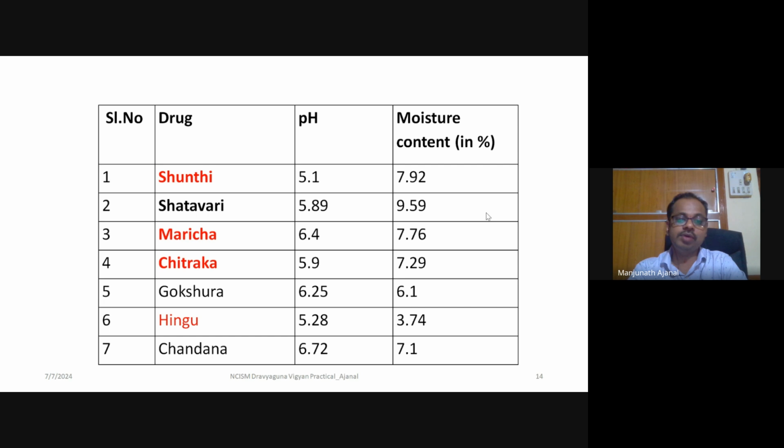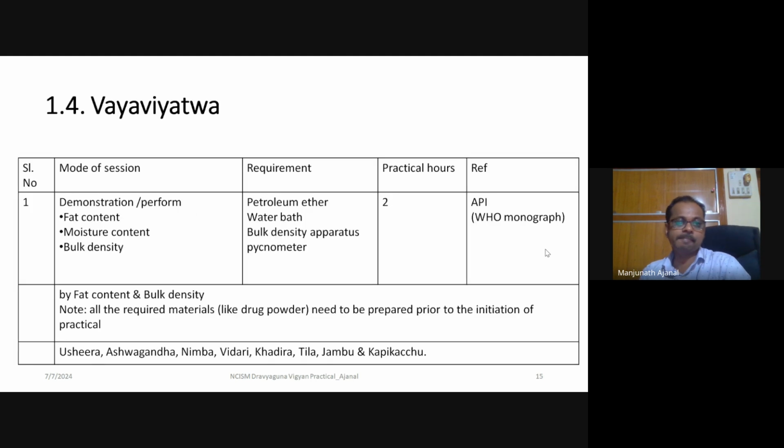These are all four Agni Mahabhuta Dravyas, and the other three are Shatavari 5.89, Gokshura 6.25, Chandana 6.72. Similarly, moisture content in the Agni Mahabhuta Dravyas is 7.9, 7.7, 7.2 and 3.7. So the pH will be towards acidic in Agni Mahabhuta and the others are towards basic. That's what we observed in this particular practical.